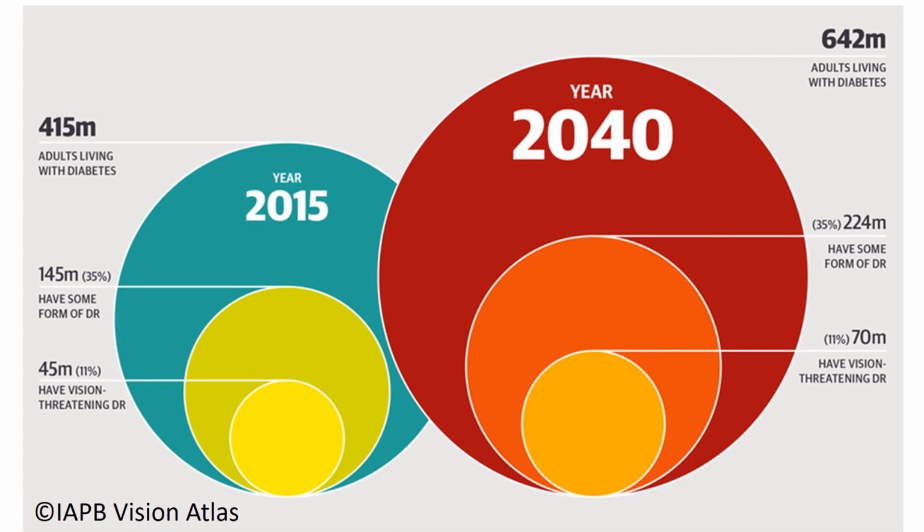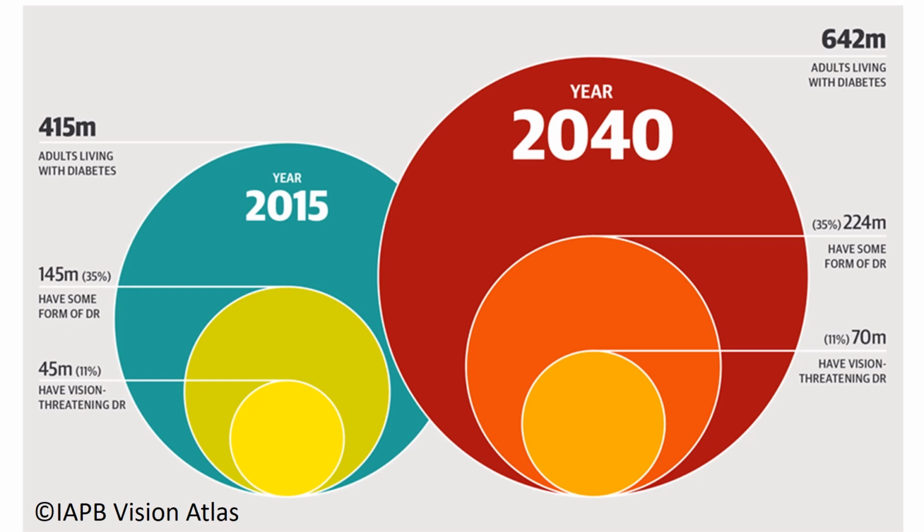11% of people living with diabetes will have vision-threatening diabetic retinopathy, also called sight-threatening diabetic retinopathy. This was 45 million in 2015, and it might be 70 million in 2040.